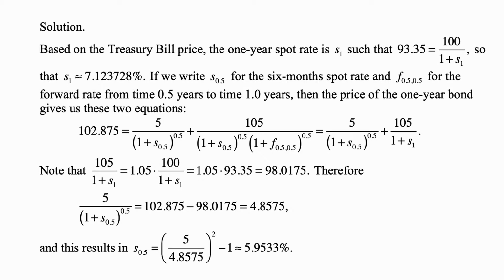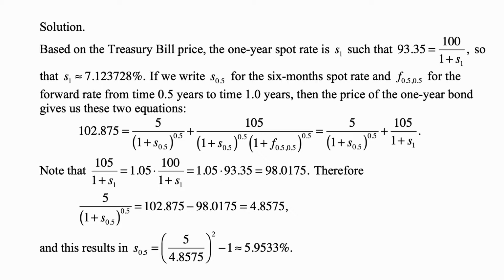If we write S.5 for the 6-month spot rate and F.5,0.5 for the forward rate from time 0.5 years to time 1.0 years, then the price of the one-year bond gives us these equations. 102.875 is equal to 5 over (1 plus S.5) to the power 0.5.